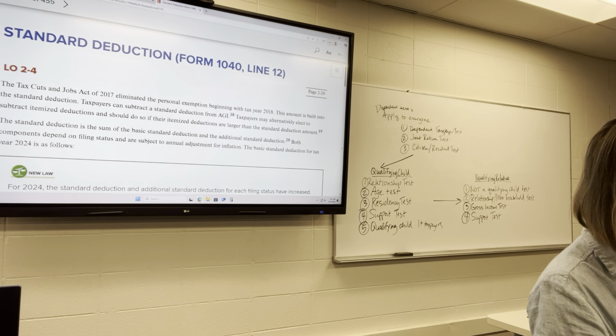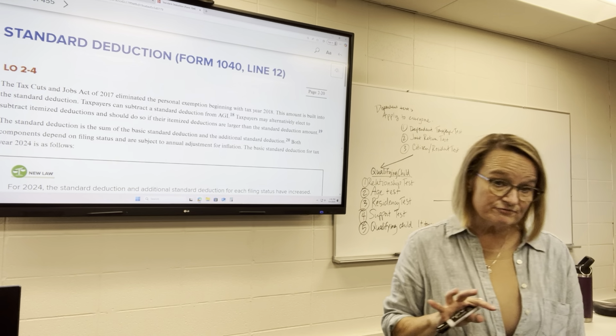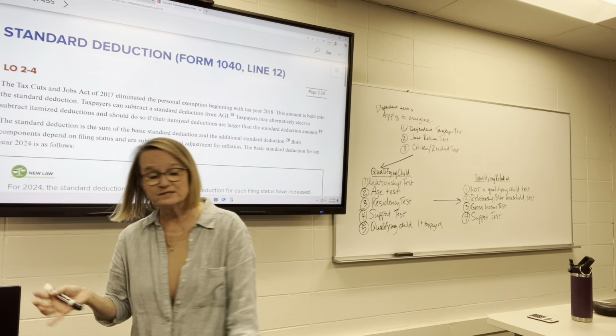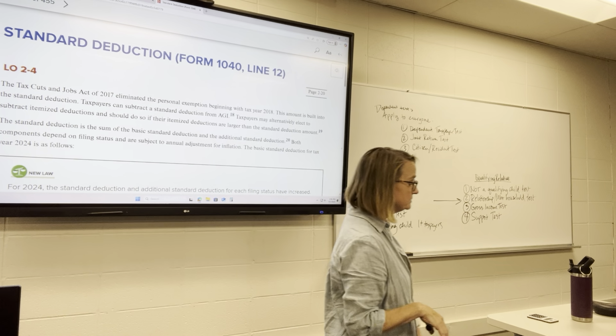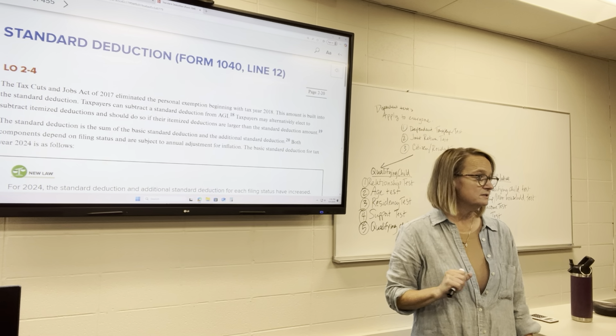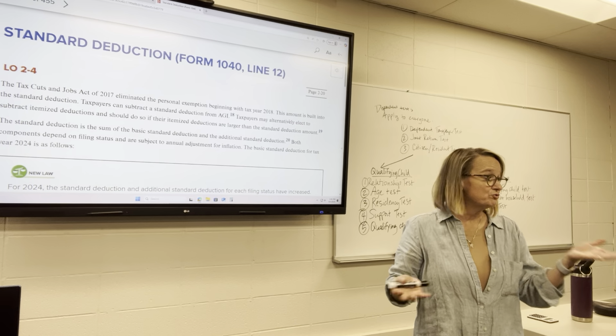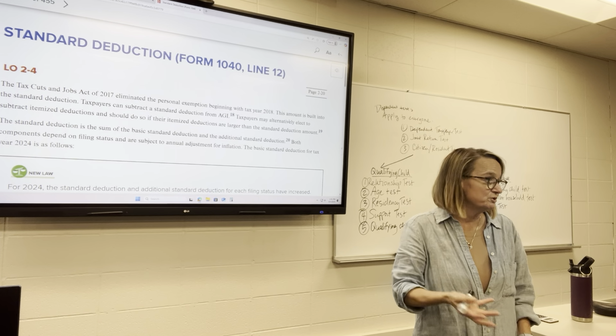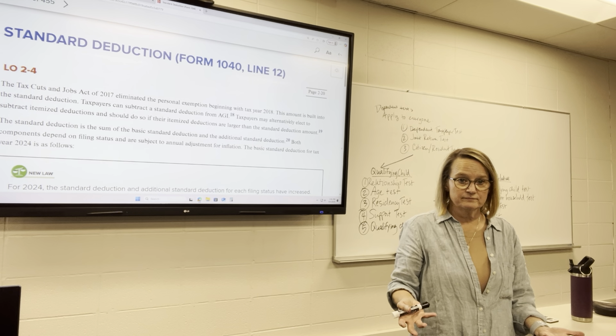We're going to go through those in detail in chapter 5, what those are and the calculation of itemized deductions. In practice, what you would do is you would total up all of your itemized deductions and see which one is greater. You get whichever one is most beneficial. So the biggest one between those two is what you get to take.